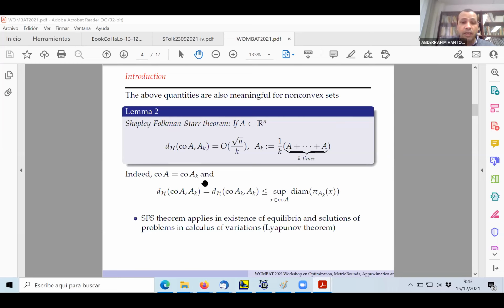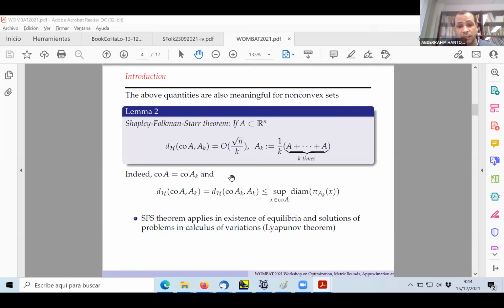Actually, this theorem, I recall here, is useful in mathematical economics for the existence of equilibria for problems having a very large number of agents, and also in problems of calculus of variations, where the Shapley-Folkman theorem is equivalent to the so-called convex Lyapunov theorem.